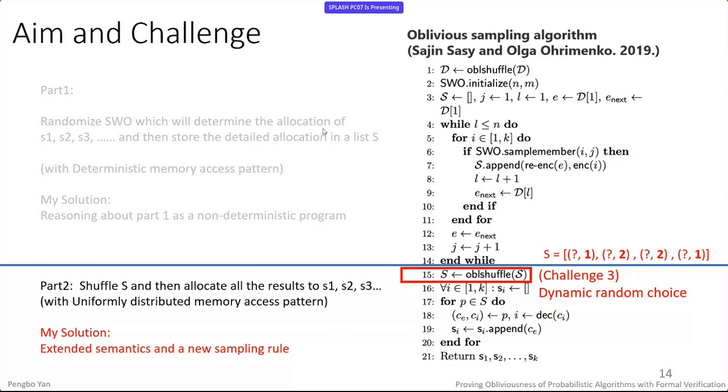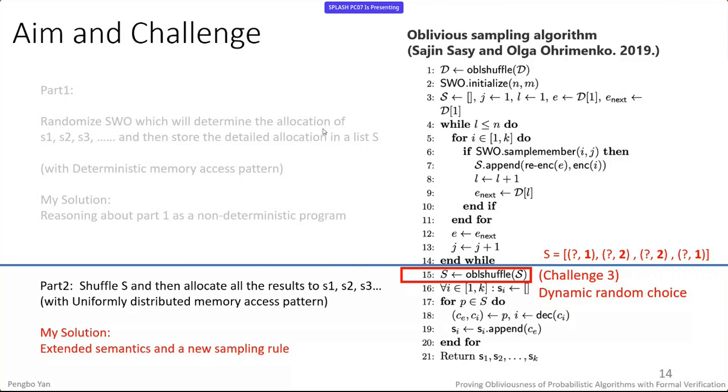In this case, we say that this S is truly randomly distributed. The first part of that is very random, but we know certain information about the second elements in this S. Namely, we know that there are two 1s and two 2s in the second elements of this S. So we want some new sampling rules which can take some partial information from the distribution of this S after this shuffle.